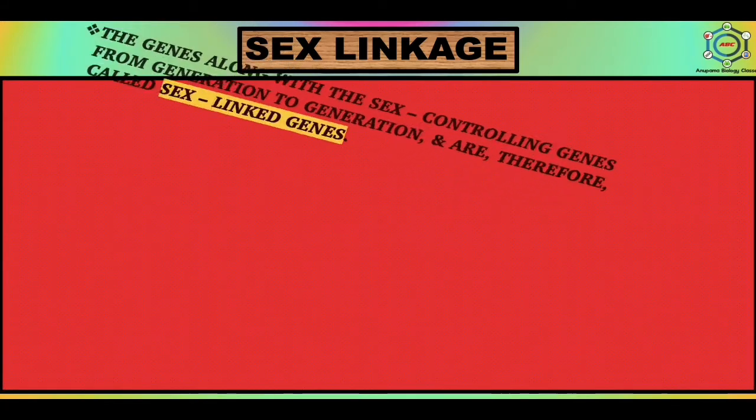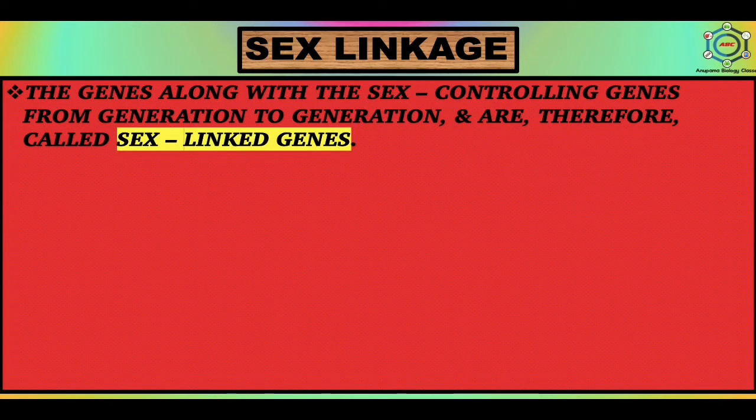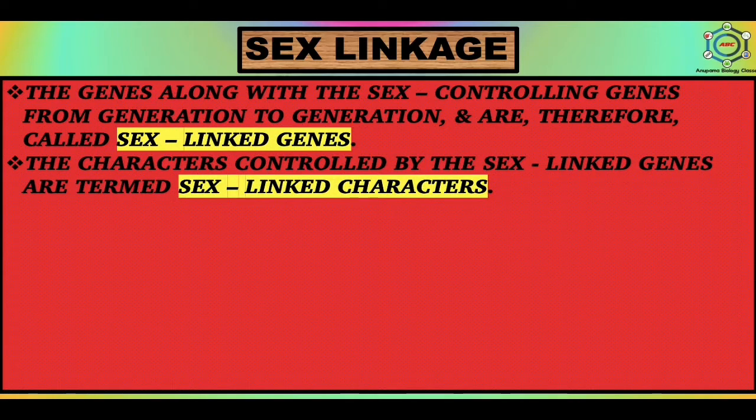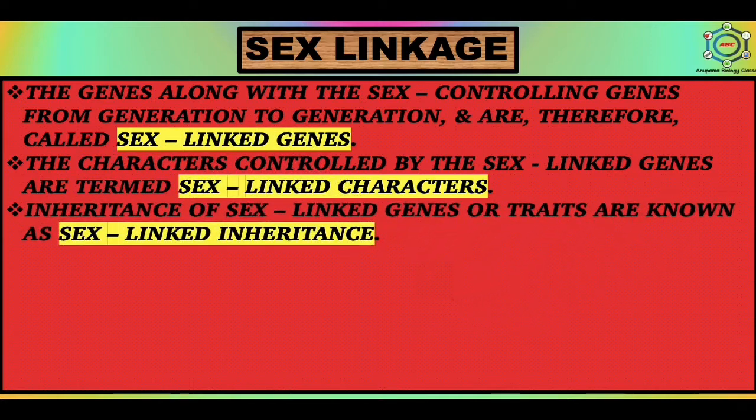After this, next is sex linkage. Here, genes along with the sex controlling genes pass from generation to generation and are therefore called sex linked genes. The characters controlled by the sex linked genes are termed sex linked characters.